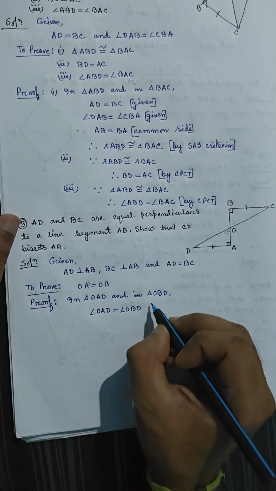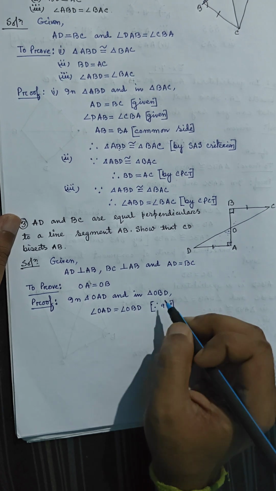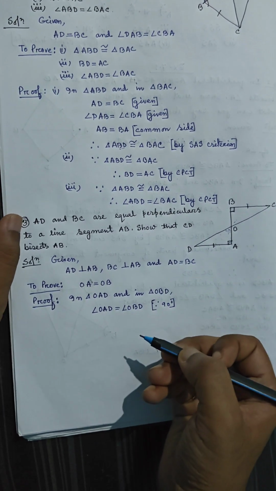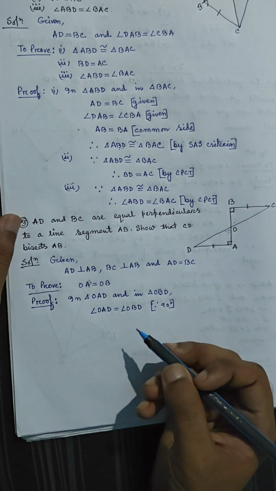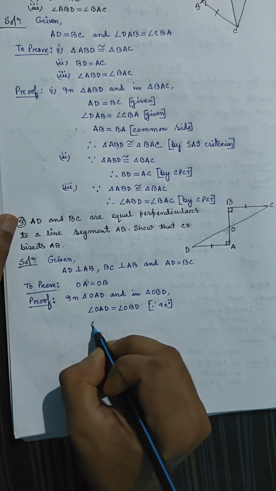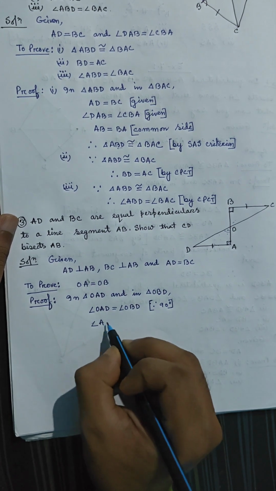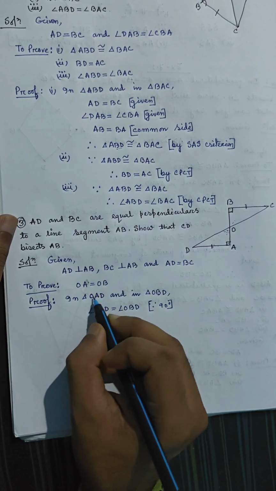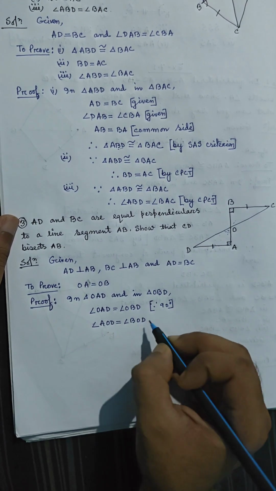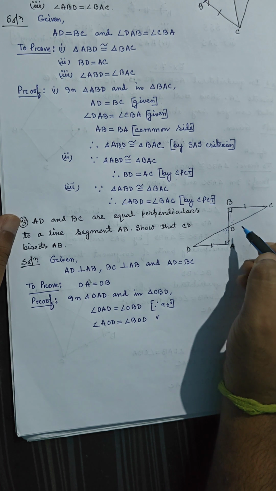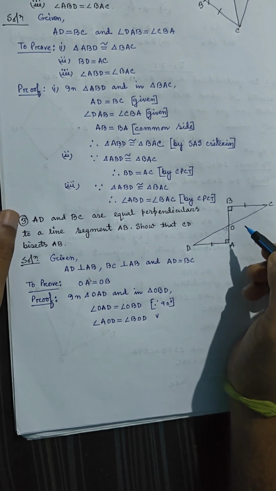OAD and OBD both are 90 degrees, since they are perpendicular. Okay, AAS, so this one is your first angle. Second angle, you have to write the second angle, AOD. So how will you write AOD? Middle, first and last. AOD is equal to BOC. They are vertically opposite. Sorry, this should be C, not OBD.